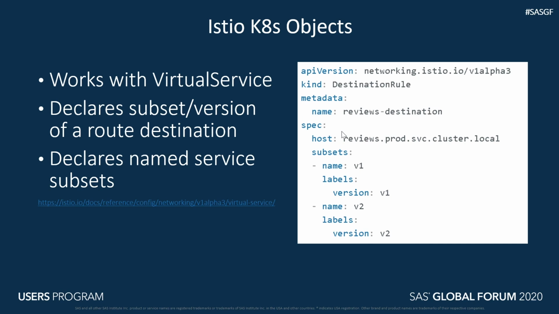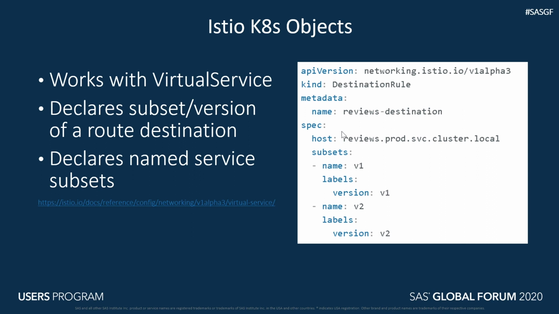Now note that when we talk about services here in terms of the host, you'll see on the right hand side this sort of syntax, reviews.prod.service.cluster.local. We are talking about a Kubernetes service. So when we talk about virtual services and destination rules, the service we're talking about is the Kubernetes service, versus microservices.